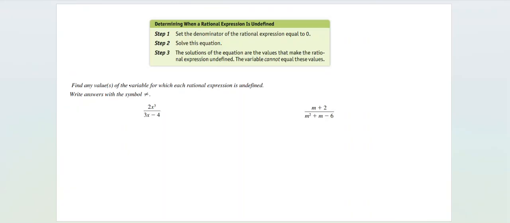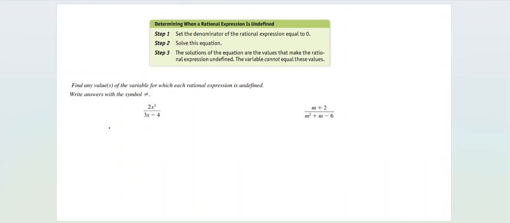Let me give you a couple of examples. They say: find any value of the variable for which each rational expression is undefined, and write the answers with the symbol not equal to. So basically, based on this procedure, we get the denominator, the expression below the fraction bar, and we make it equal to 0.